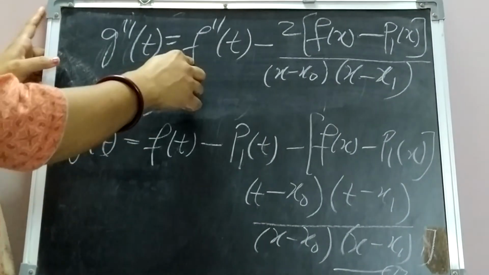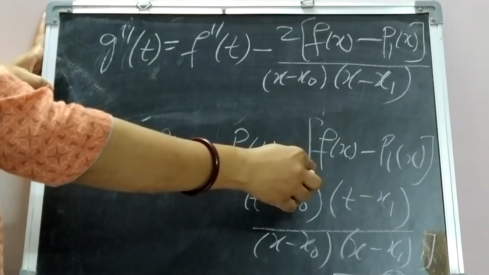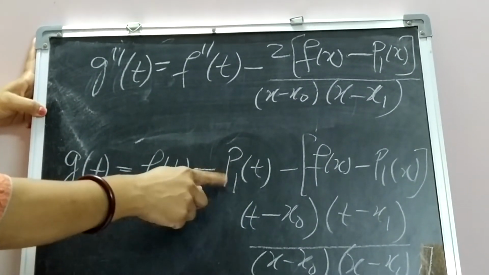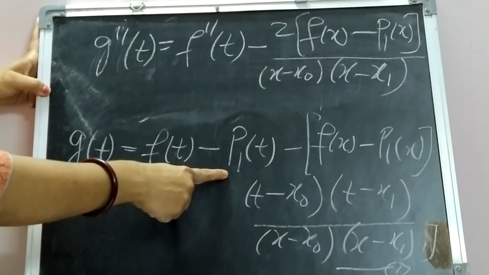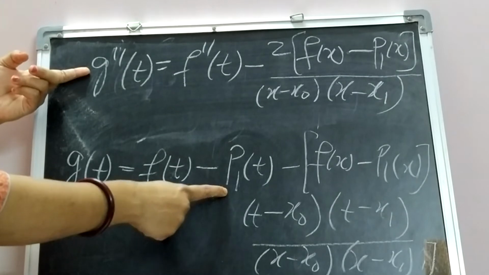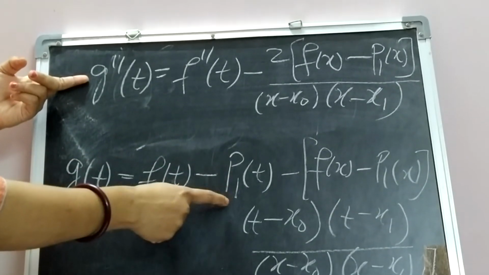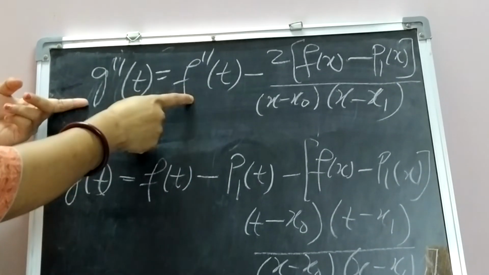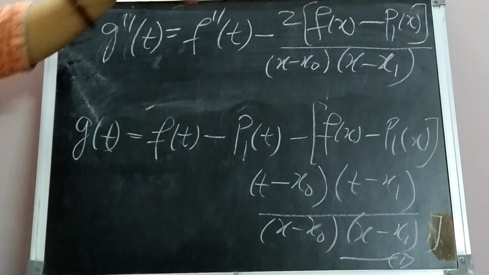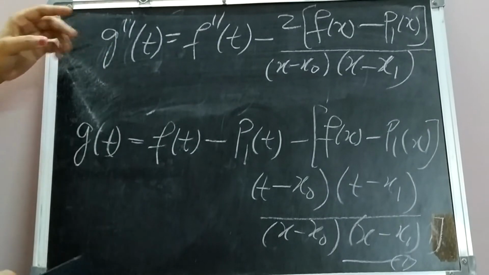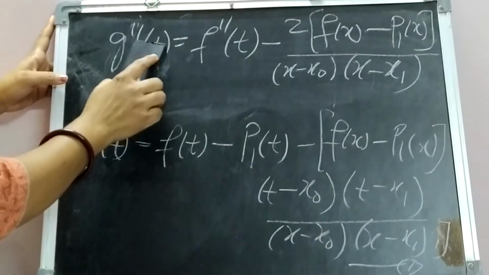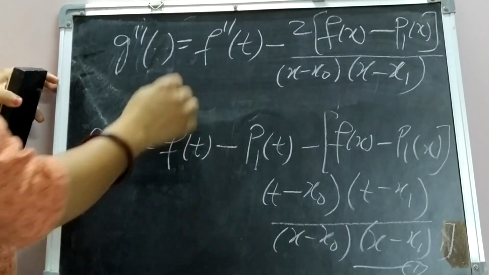Why are we going to get this? Because if you differentiate once, and then again, you will see that this part will not come, because p1(t) is a polynomial of degree at most 1 and we are differentiating twice. So the derivative of this will become 0. We will be left with this, and after simplification we are getting this. Now equating this with g''(xi) equal to 0, we first replace t by xi.